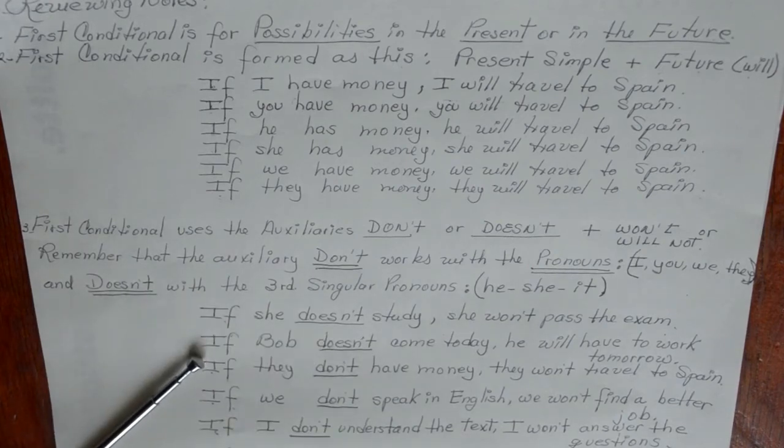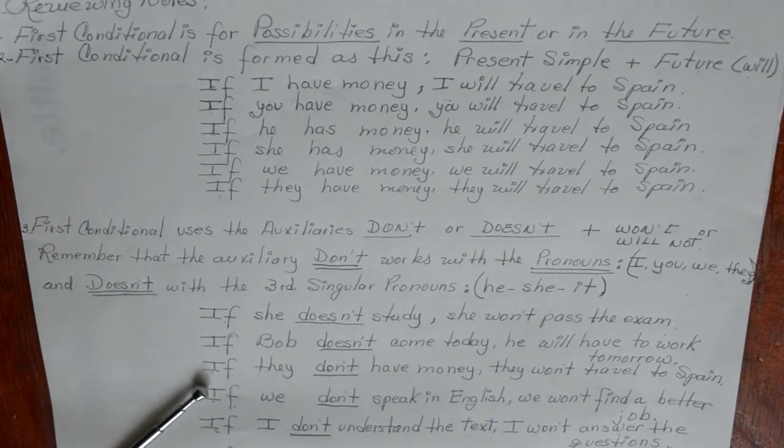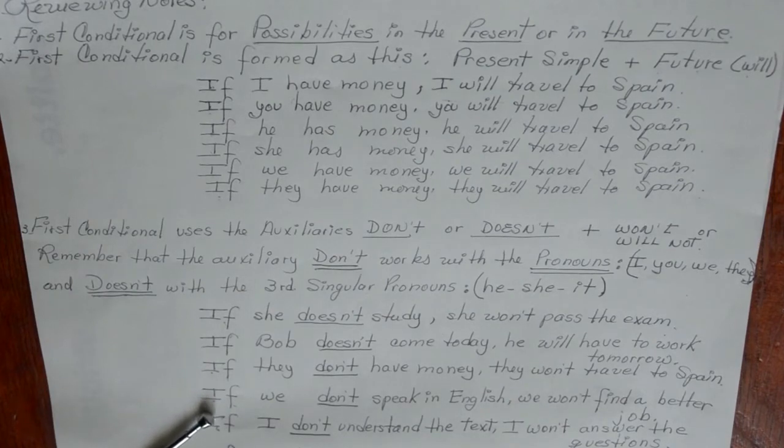If Bob doesn't come today, he will have to work tomorrow. If they don't have money, they won't travel to Spain. If we don't speak any English, we won't find a better job.